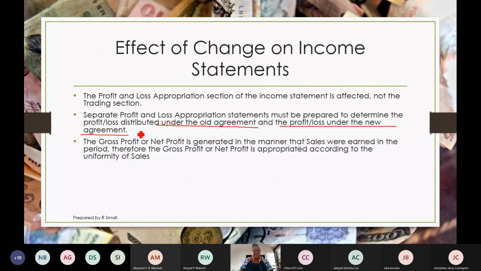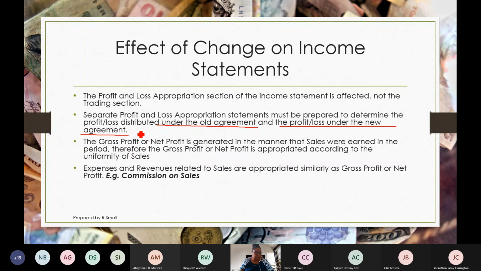So the gross profit or net profit is generated in a manner that sales were earned in the period. Therefore, the gross profit or net profit is appropriated according to the uniformity of sales. Basically, what they're trying to say is that just how you earn sales during the period, the profit is distributed, is broken according to that manner. But we will see it when we do a question.